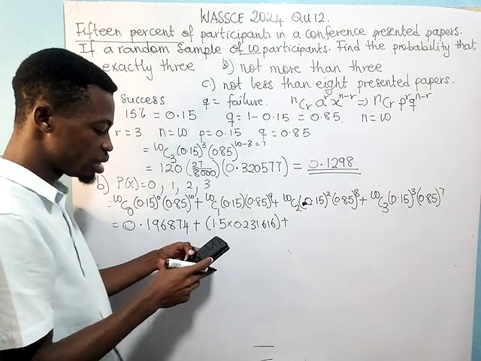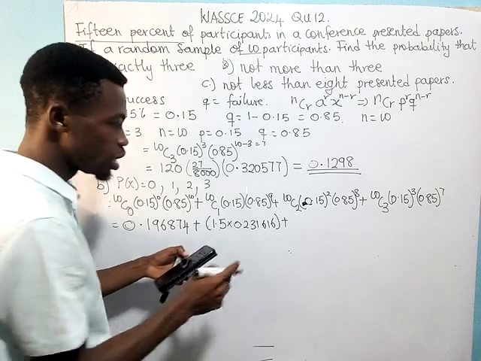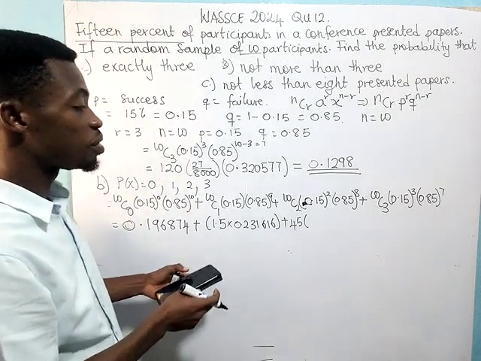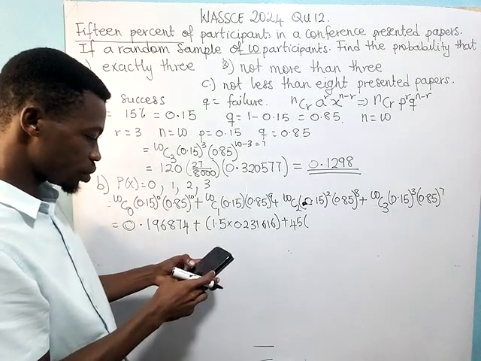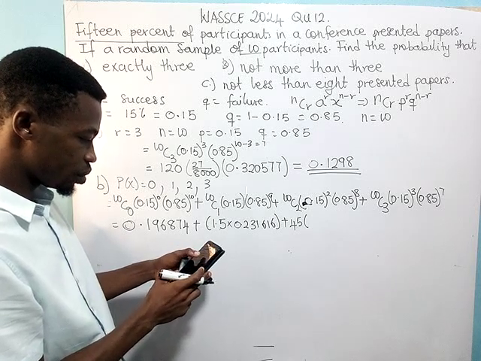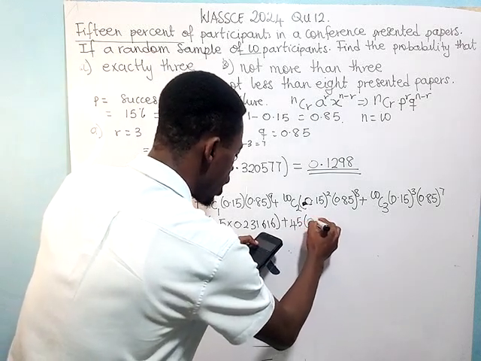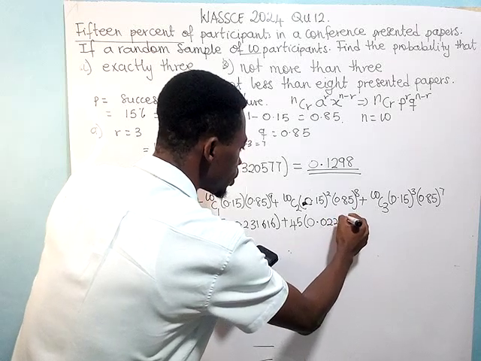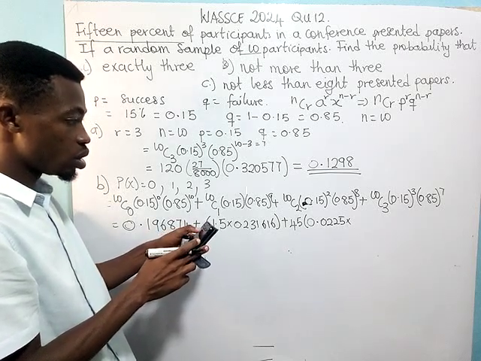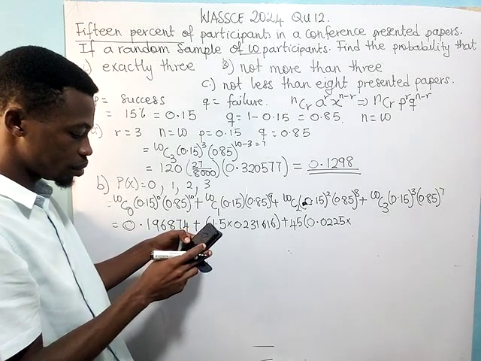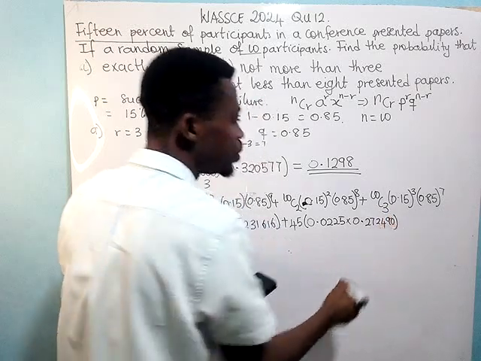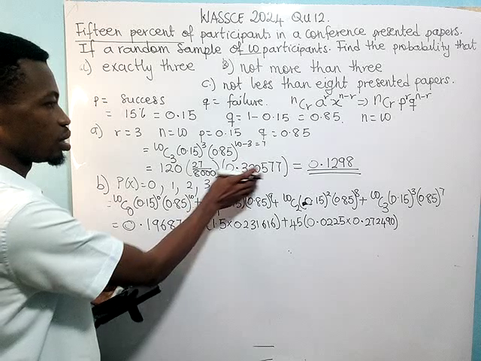Then 10 combination 2 gives us 45. Then 0.15 to the power 2 gives us 0.0225, multiplying 0.85 raised to the power 8, which is 0.272490.